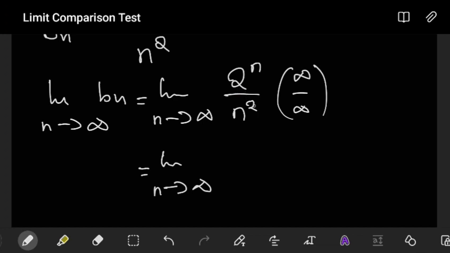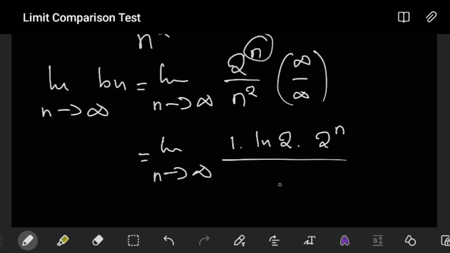Let's differentiate 2 to the power n. The derivative of an exponent like this one will be the derivative of the power, and the power is n. The derivative of n with respect to n will be 1. Then ln of the base. The base is 2. Then we have the 2 to the power n unchanged. So that is the derivative of the numerator.